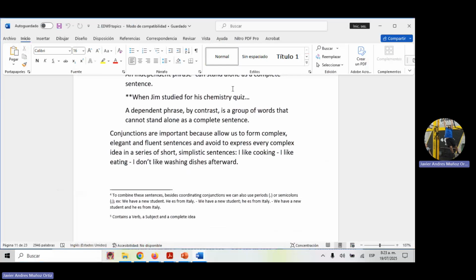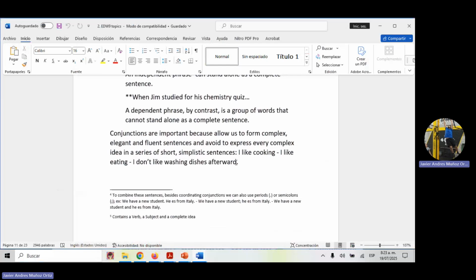And the idea is to avoid something simplistic. For example, we could say, I love cooking, I love eating, I don't like washing the dishes afterwards. And this is perfect because we're mentioning here likes and dislikes.